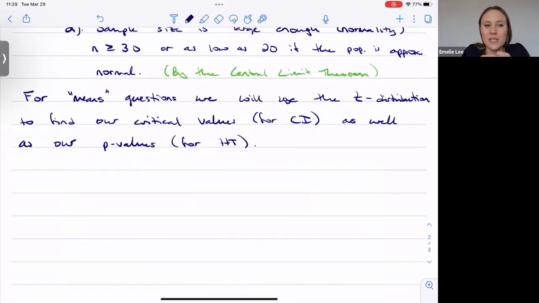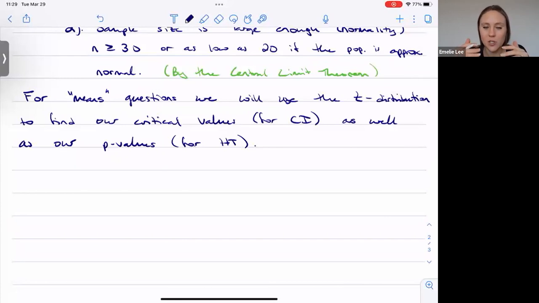Now, we've already seen the chi-squared distribution that changes shape. I didn't show you how it changes its shape, but as you increase your degrees of freedom, the shape shifts over towards the center. It's still skewed to the right, but it shifts a little more to the center and smooths out.